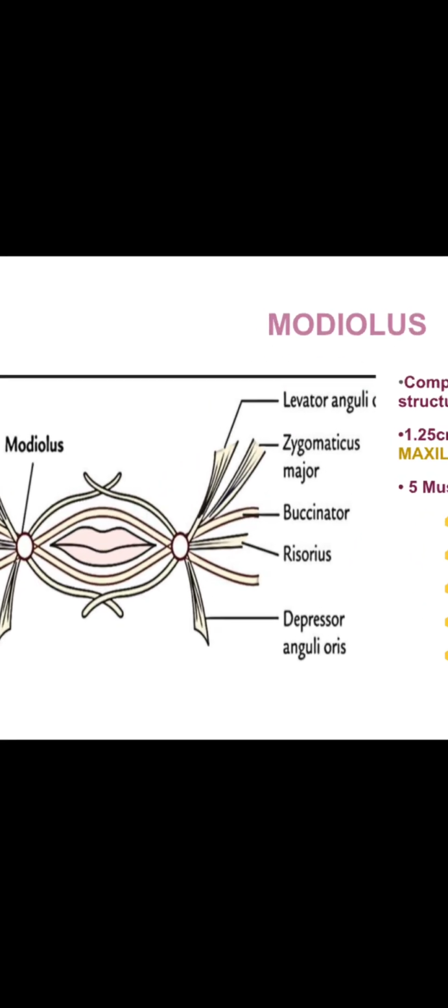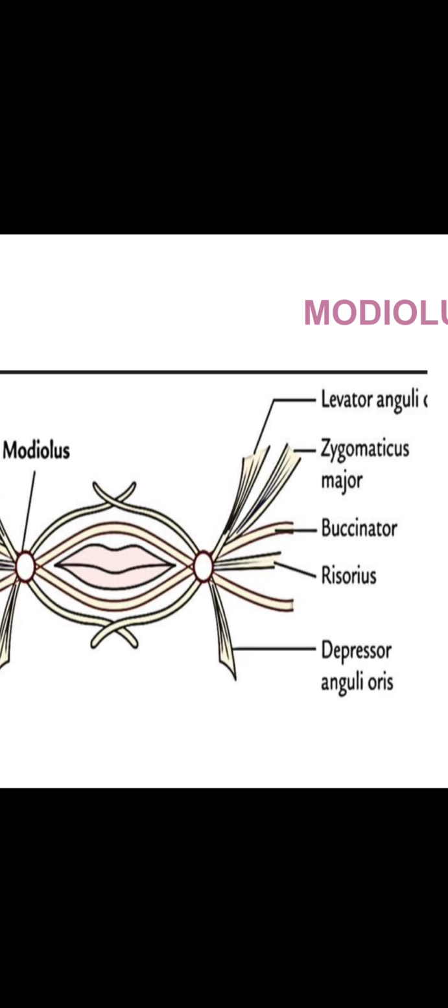Now, let's talk about what modiolus is composed of. You have five muscles that make up the modiolus, as you can see in the diagram. First is levator anguli oris.